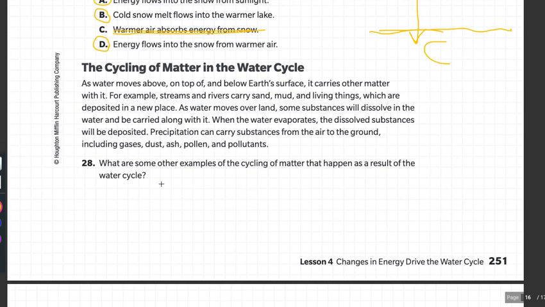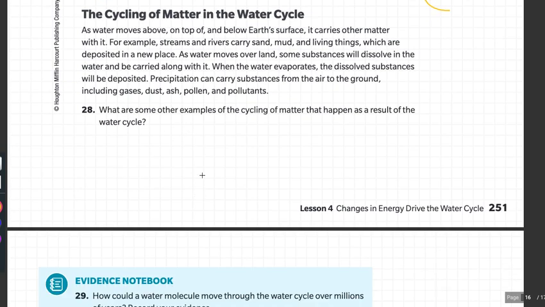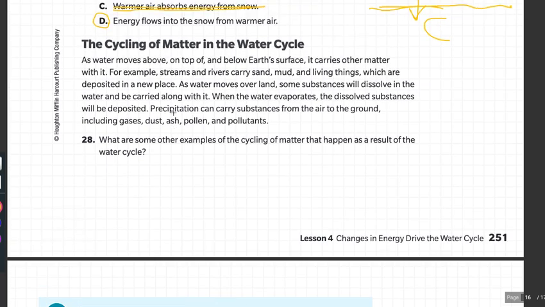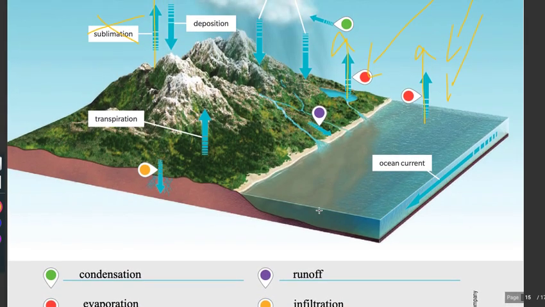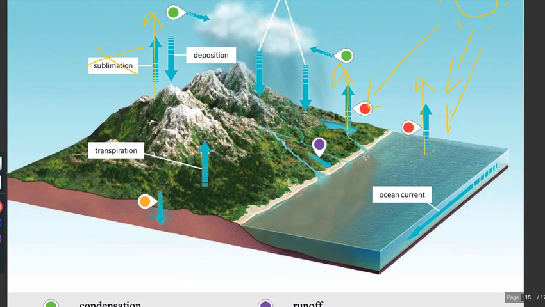And what are some other examples of cycling matter that happen as a result of the water cycle? I kind of mentioned some things up here, but I'll go over to this picture here. An easy example, which a lot of people don't think about, is how did this beach get here, right? What is a beach?